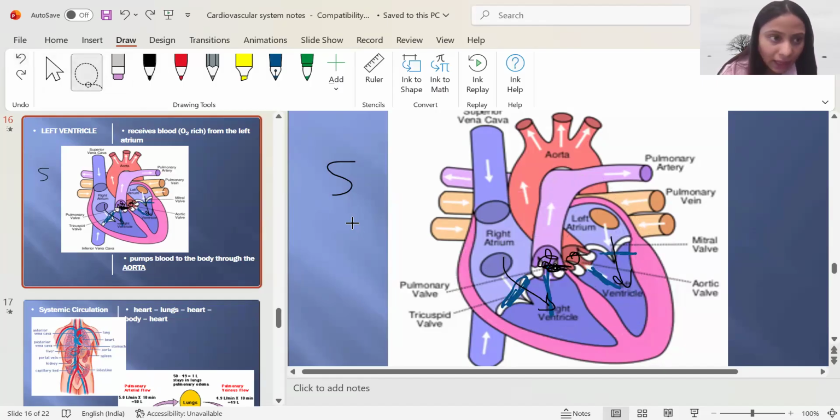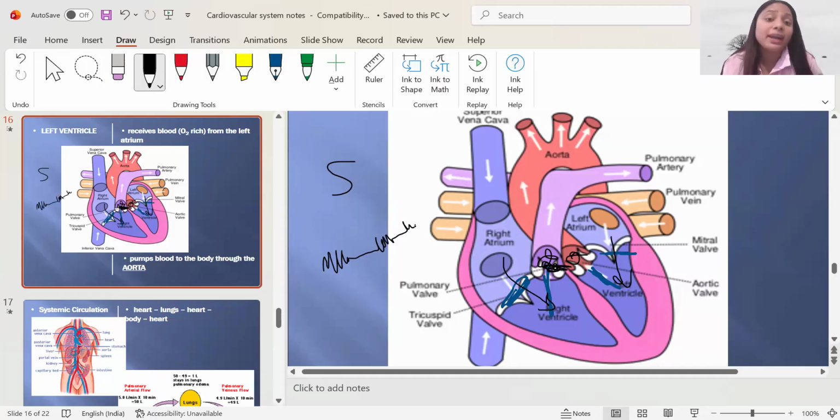Okay, so what is happening? If you draw a graph of the sound like this, this is your S1 sound, there will be no sound for some time, then there will be S2 sound, and then there will be S3 sound, which is actually very abnormal. You should never have an S3 sound.